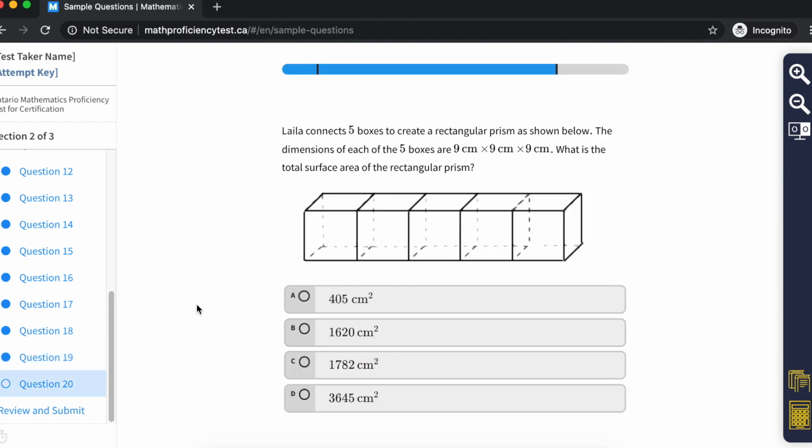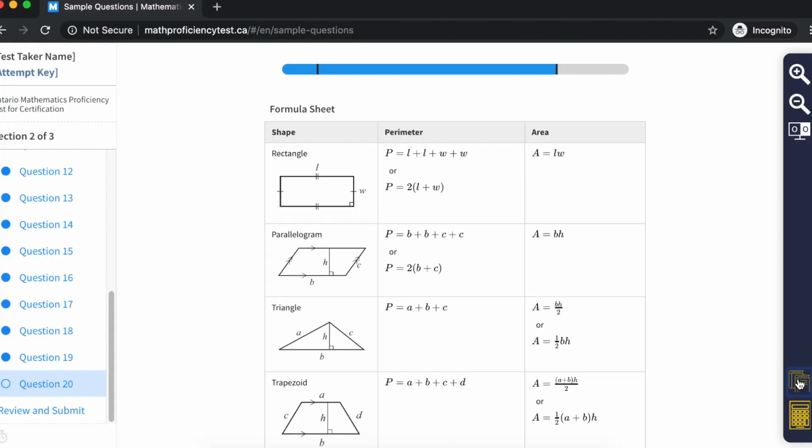Last question. 5 boxes create a rectangular prism below. Each box is 9 by 9 by 9. What is the total surface area of the rectangular prism? Okay, so we can do this two ways. First, we could consider what is the surface area of one of the cubes. Again, we can go to our formula sheet.